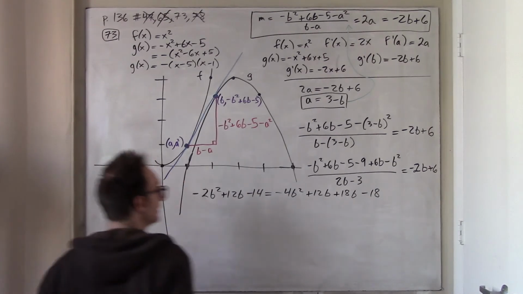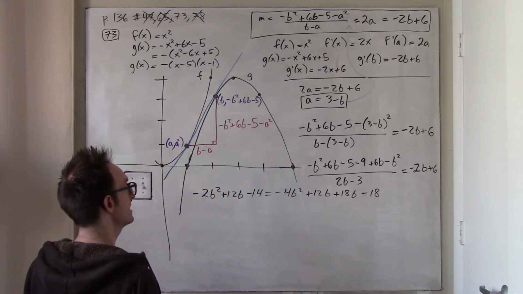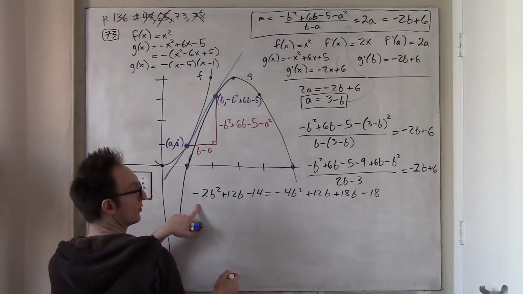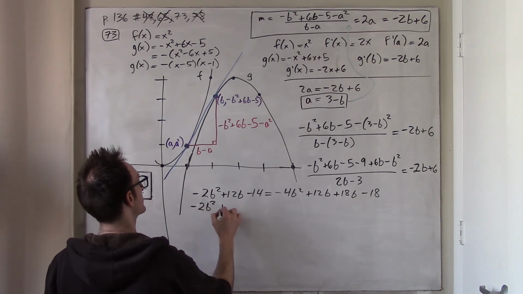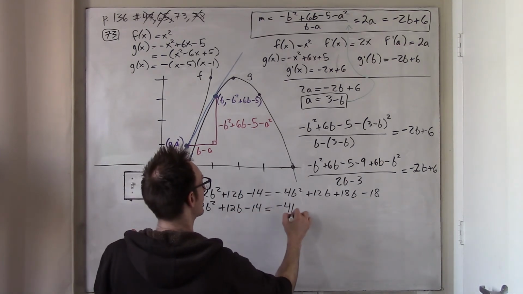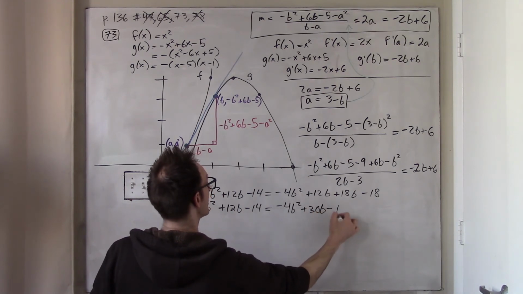I haven't done this problem in a while. So negative 2b squared plus 12b minus 14 equals negative 4b squared plus 30b minus 18.